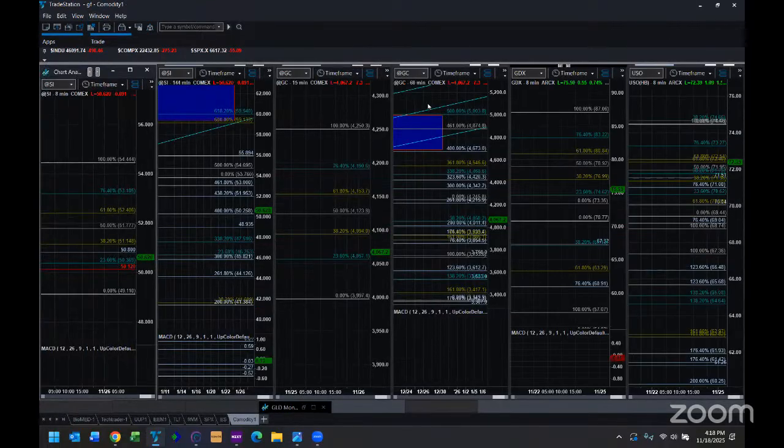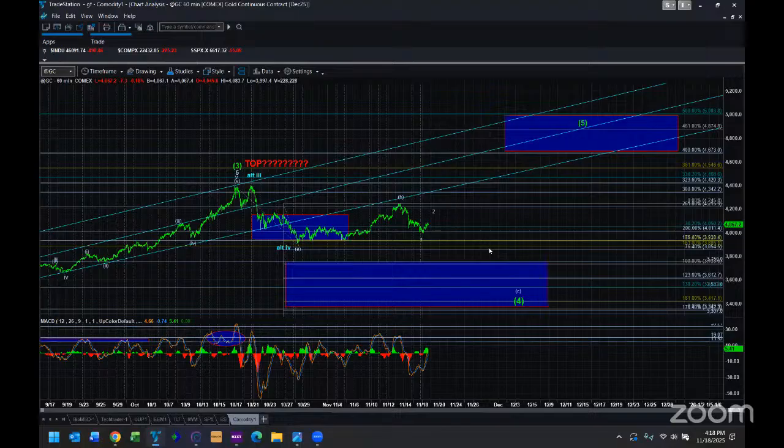Let me show you on the gold chart here. This is the near term. Now, by the way, I want to show you something here. There is some potential that gold may have already topped. And I'm not going to know for certain until we see how it rallies next alongside silver and the mining stocks.